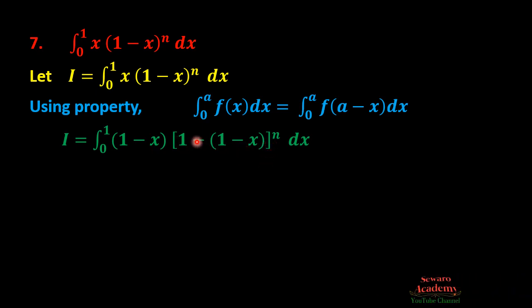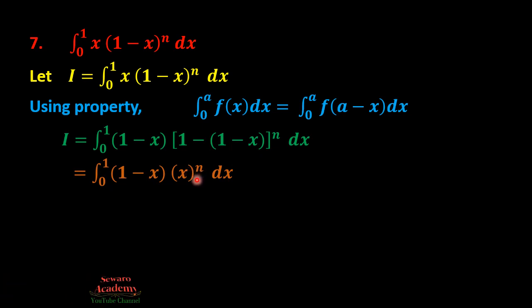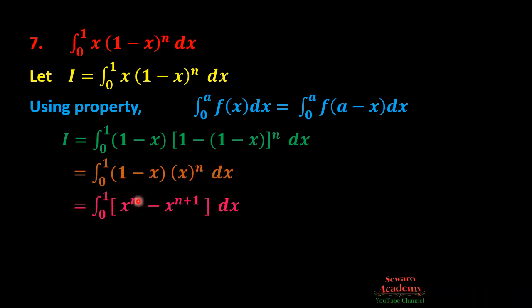Now here we simplify. This will be 1 minus 1 plus x, which is simply x to the power n. Now we multiply x to the power n with both the terms within the bracket. x to the power n into 1 is x to the power n, minus x to the power n into x is x to the power n plus 1.